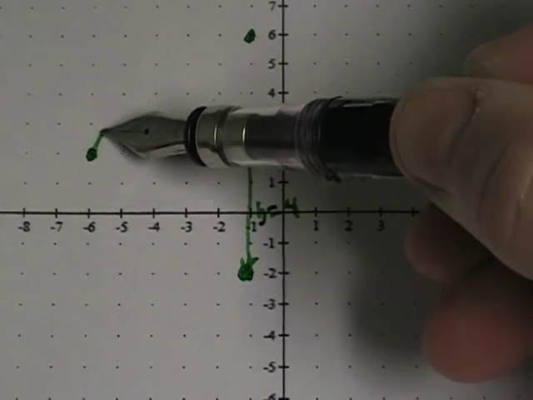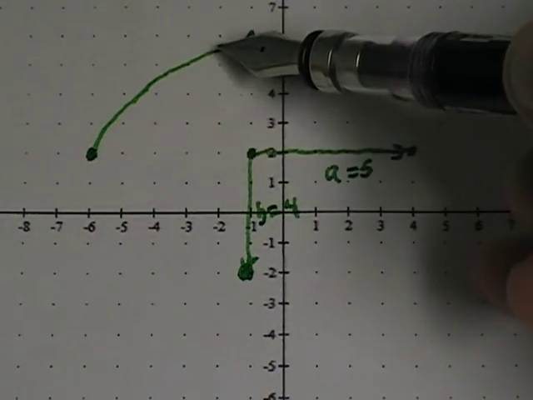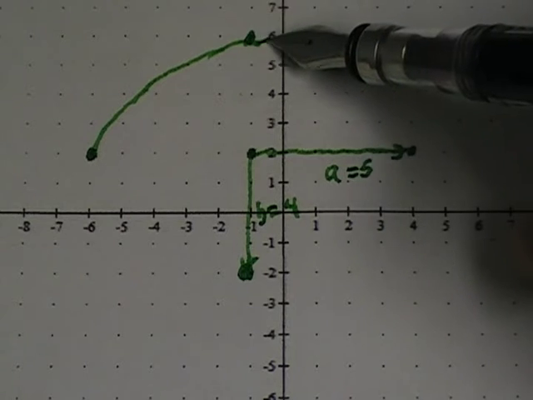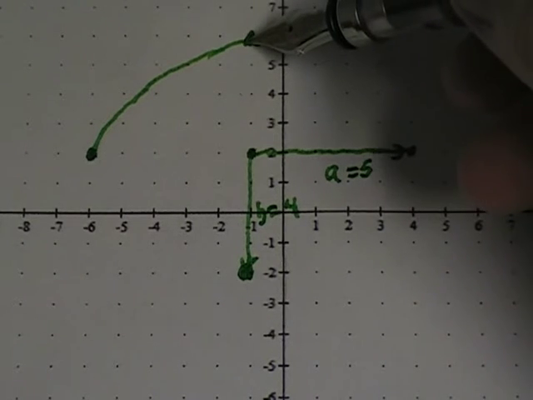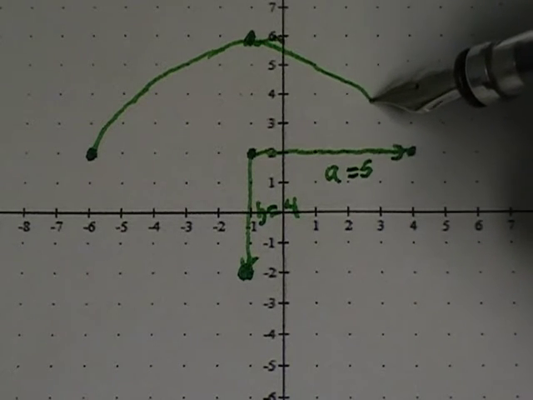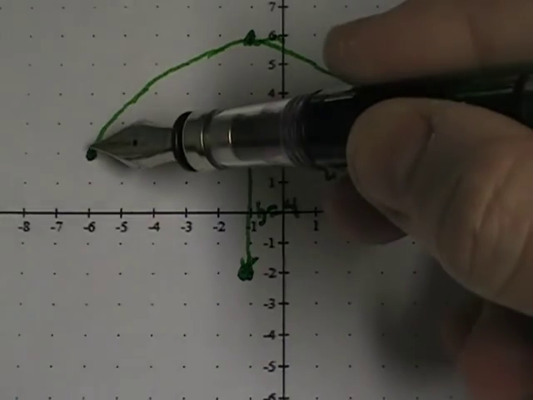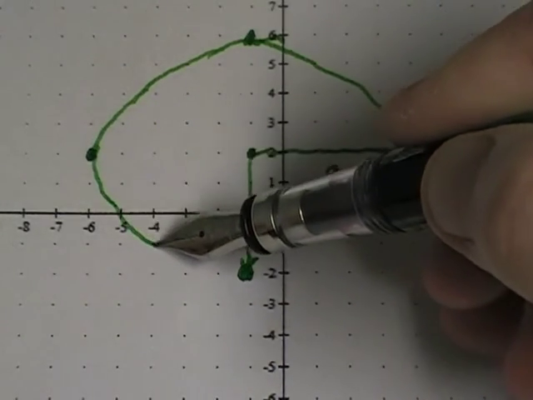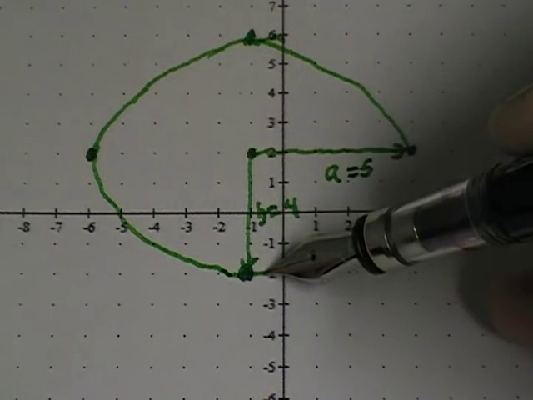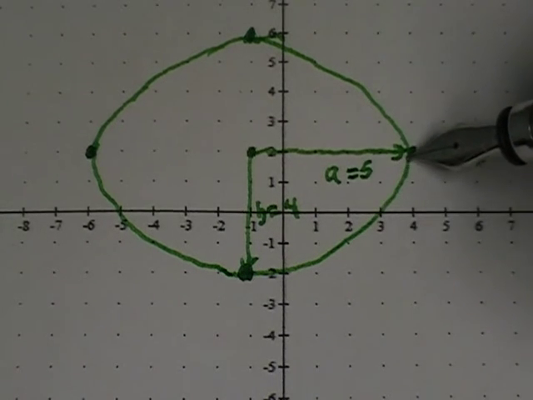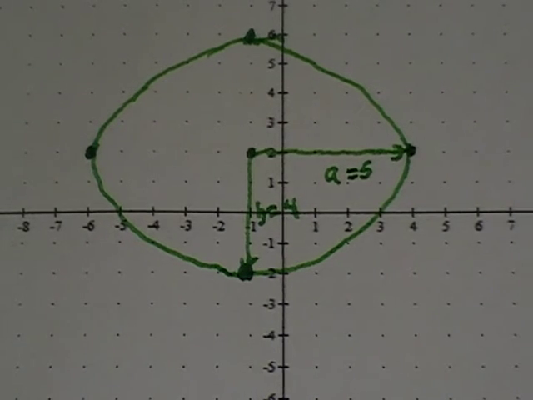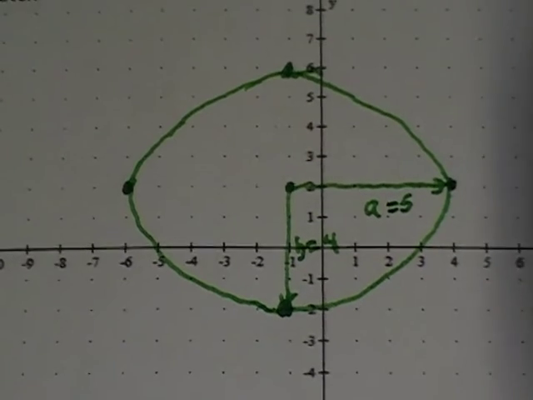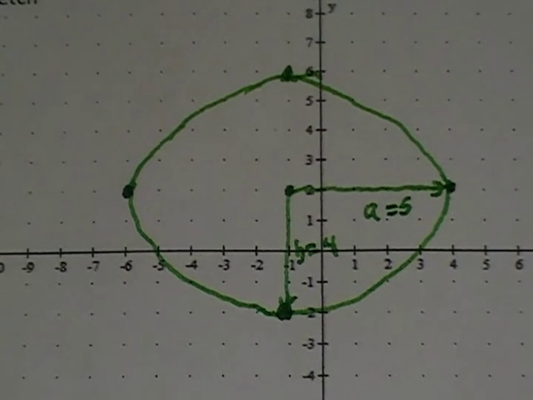Can you make a nice round elliptical shaped object that doesn't look too pointy on the ends like a football? We don't want a football. We want a nice ellipse. That's not bad. So there's part A done. Sketch the graph, done.